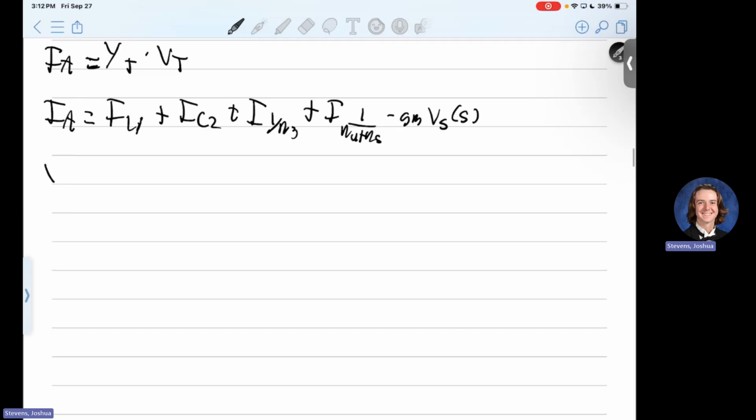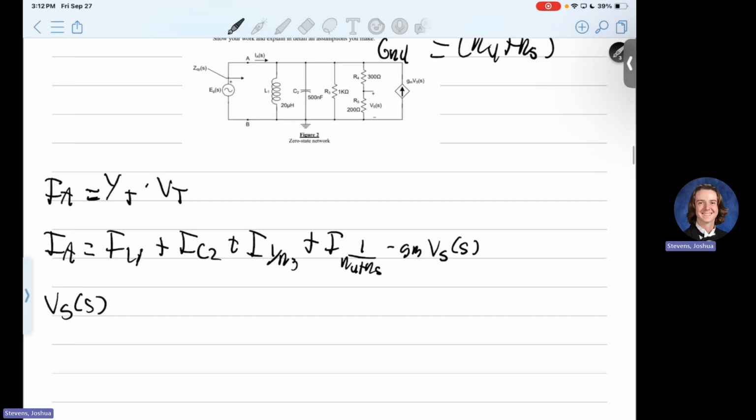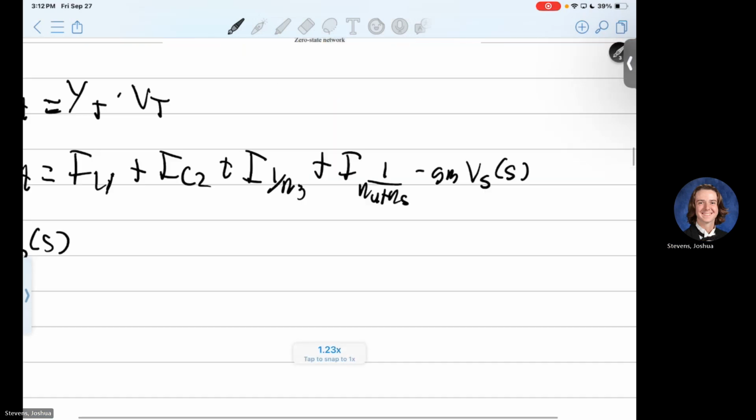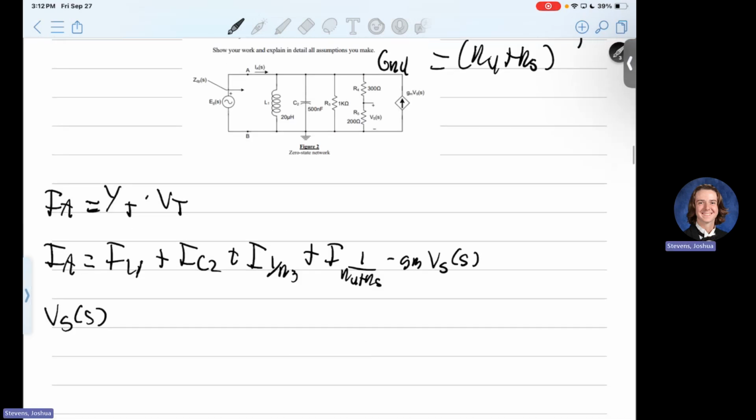Now what is V5 of S? How do we find that? Voltage divider. Thank you. Cool. For voltage divisions, I want to keep it in resistances. This gets kind of confusing, going from resistances to conductance. But what is the voltage divider for that R5?